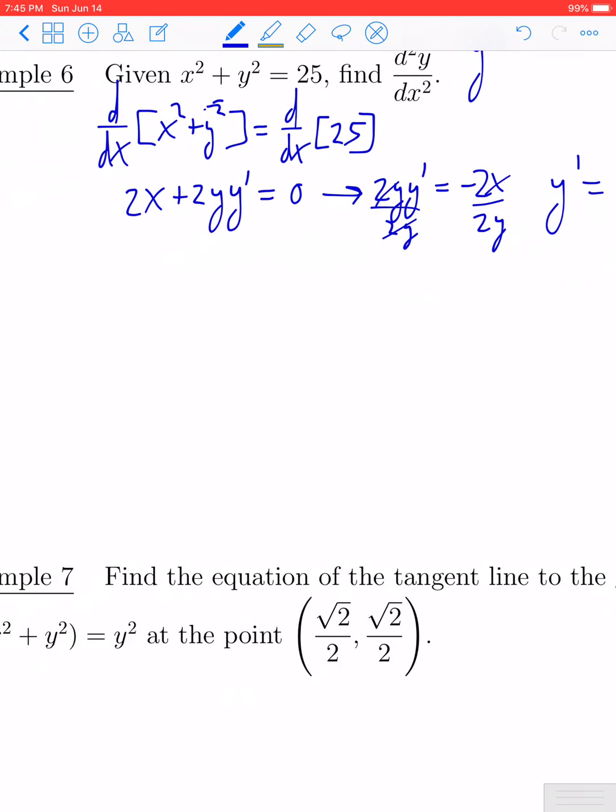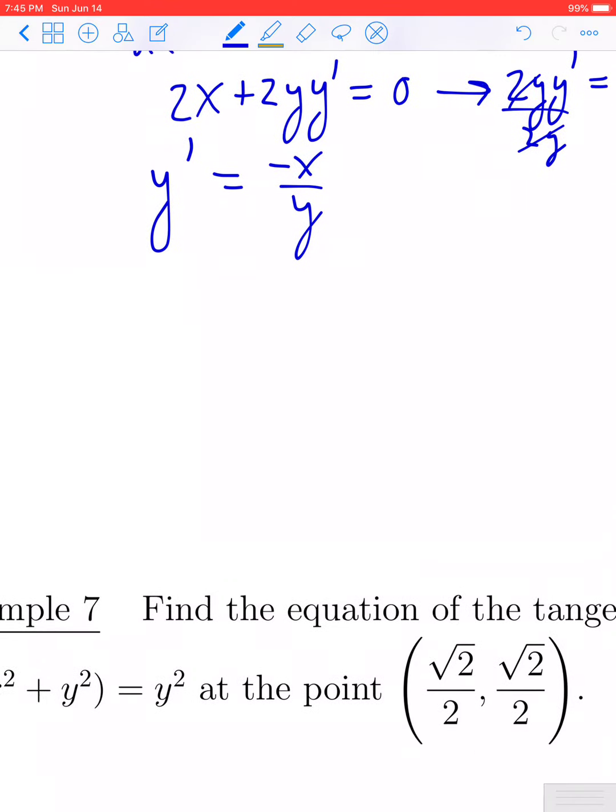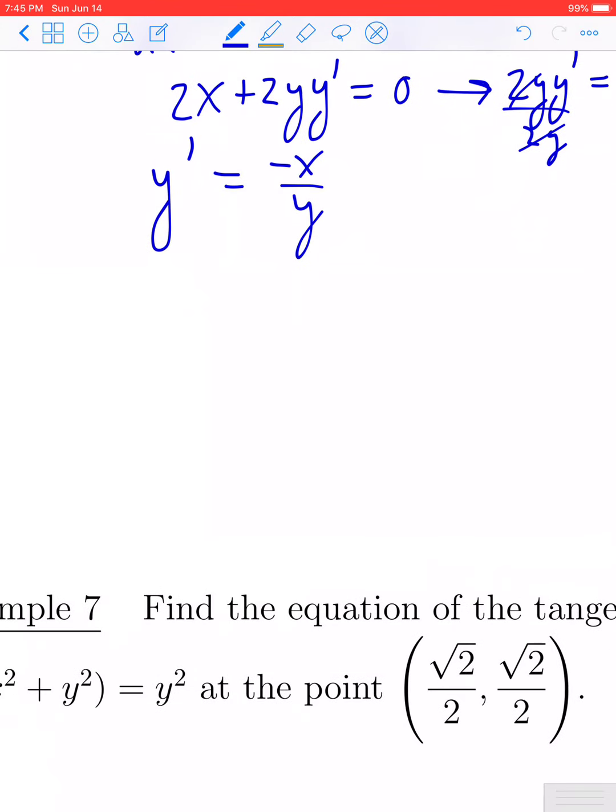So just like we've been doing, we were able to find the first derivative, and we found that y prime is equal to negative x over y. That's great, but we want the second derivative, and we know that the second derivative is the derivative of the first derivative. So let's go ahead and take, once again, the derivative with respect to x of both sides.